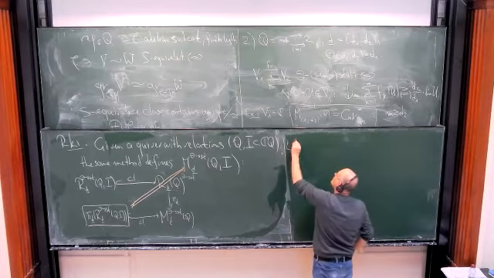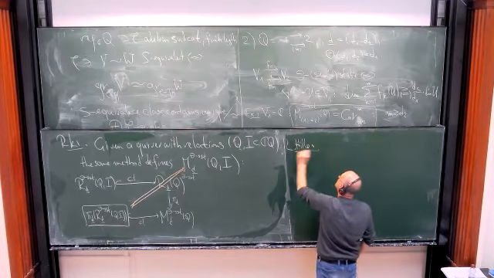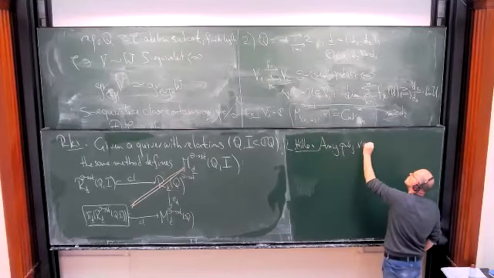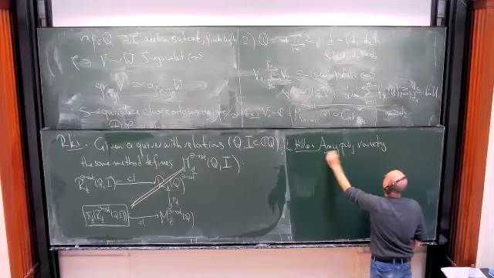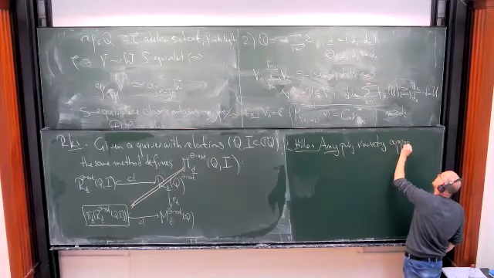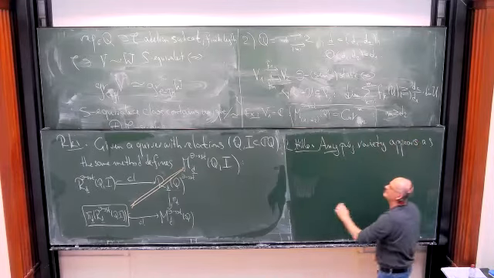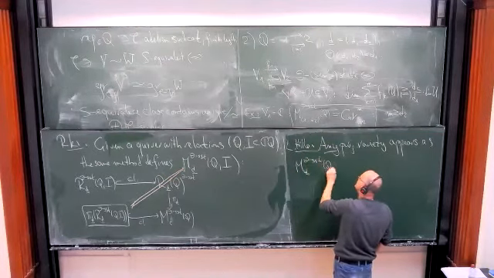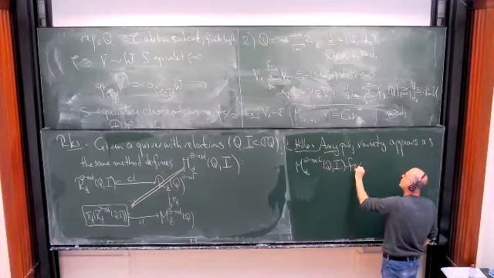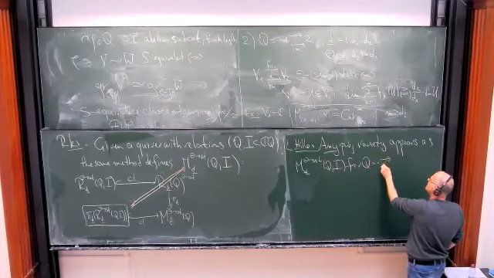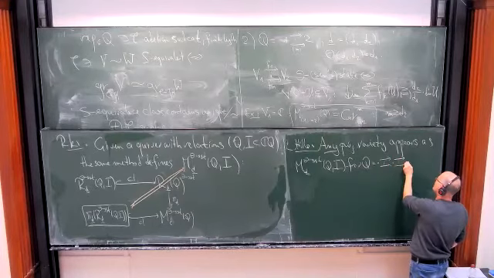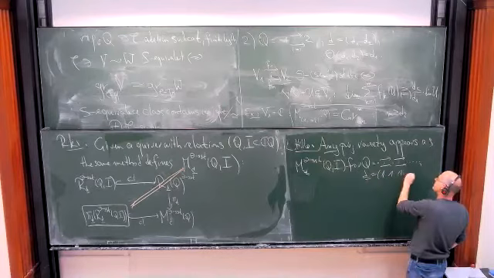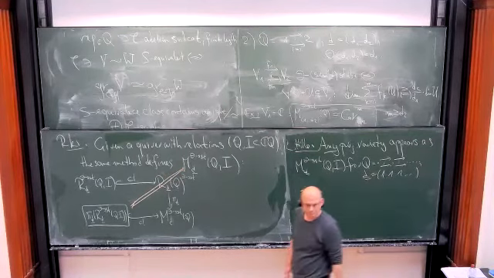So any projective variety appears as such a moduli space of semi-stables, for Q being something like a chain of Kroneckers, and for d being even the dimension vector which has ones everywhere.